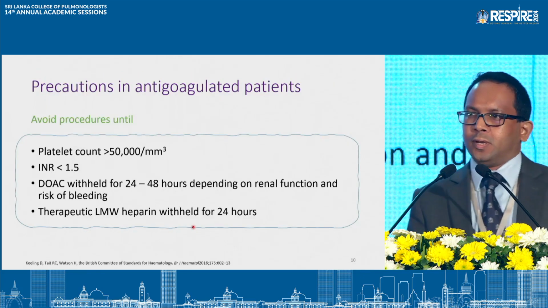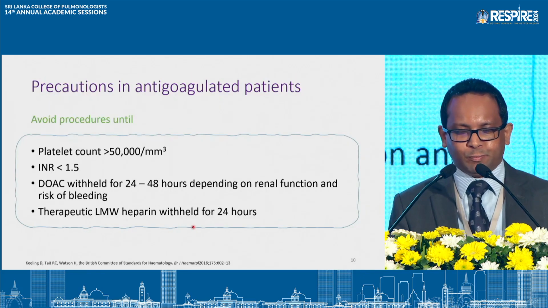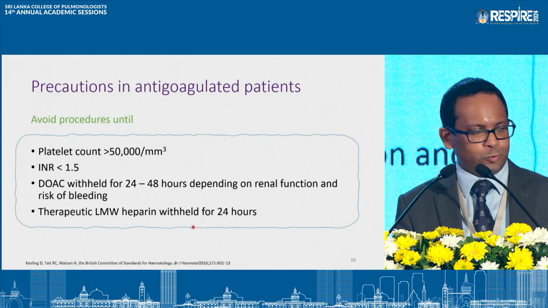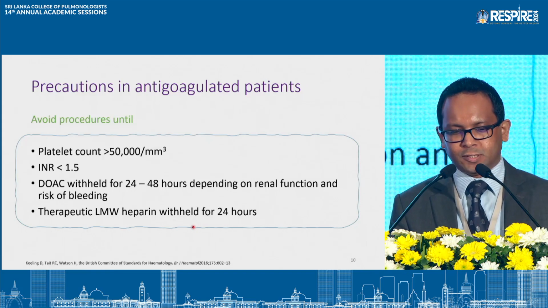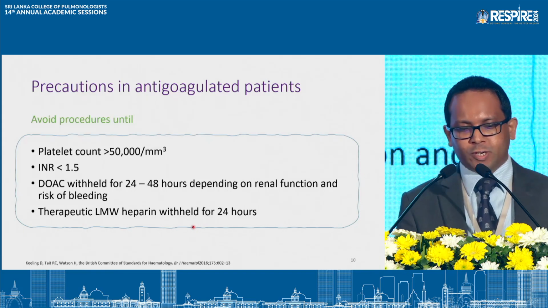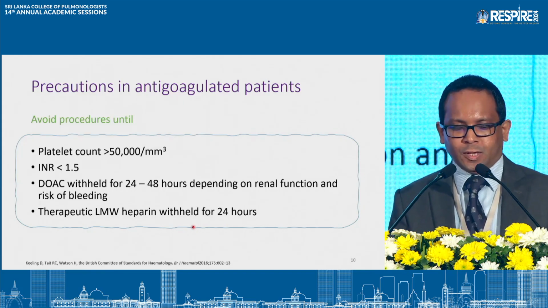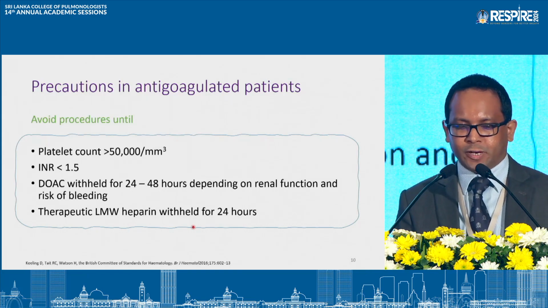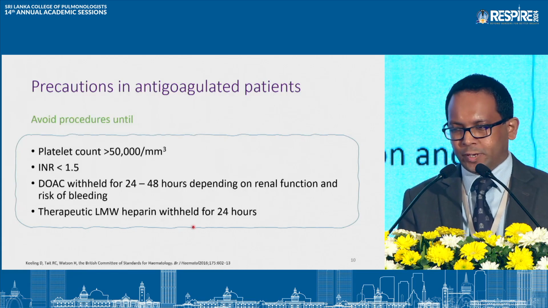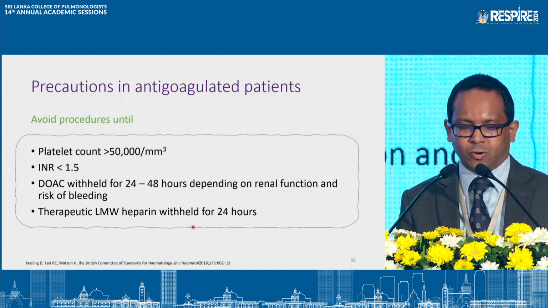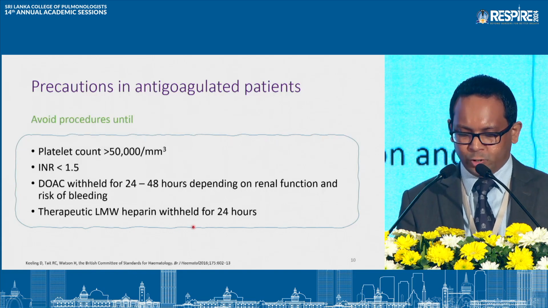When going ahead with pleural aspiration, there's a few important precautions to take as well, especially in anticoagulated patients. The recommendation is to avoid procedure if the platelet count is less than 50,000, INR is high, or if the patient is on warfarin or DOAC, or treatment dose low molecular weight heparin.